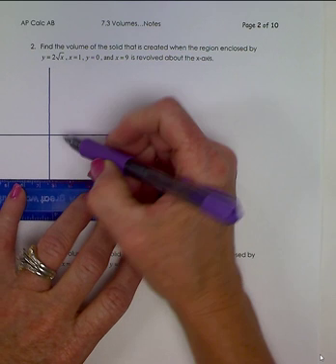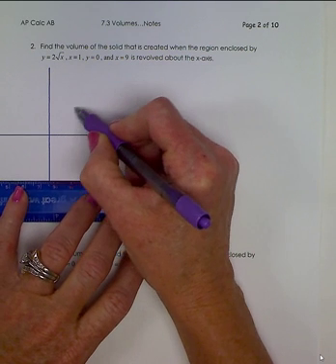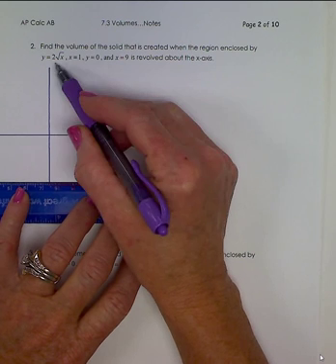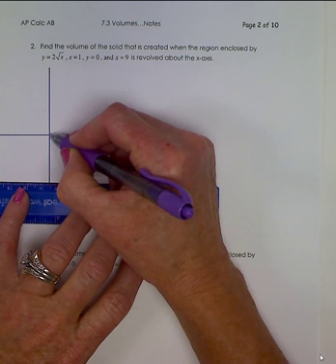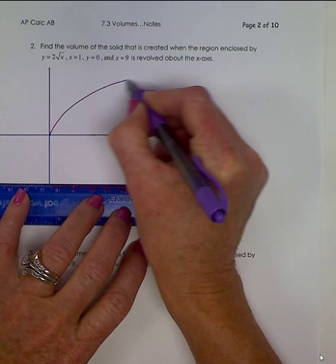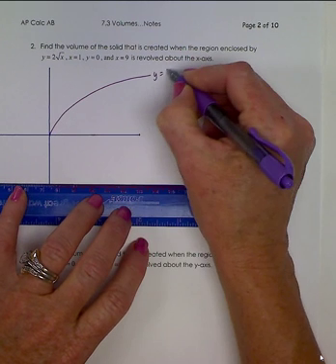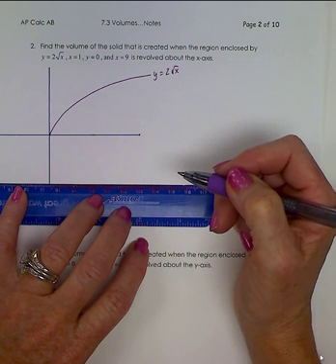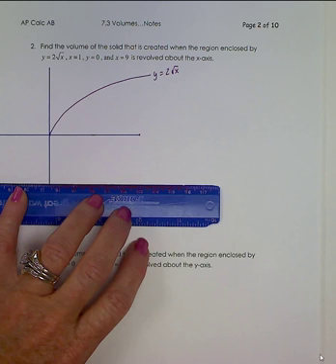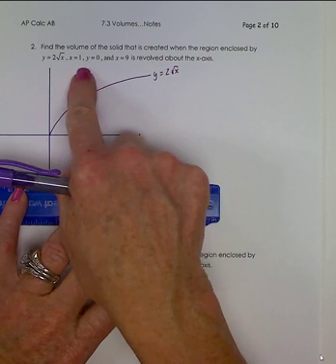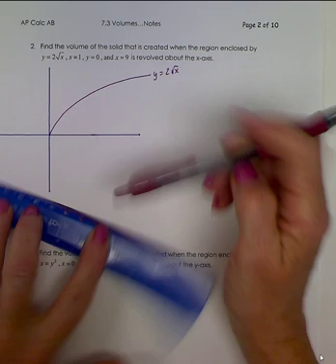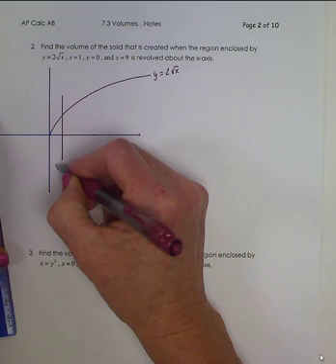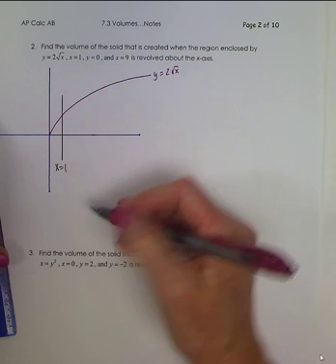Well, square root x does this. 2 square root of x is just going to make it taller, so it's got that same basic shape. There's y equals 2 square root x. Okay, x equals 1. Y equals 0.